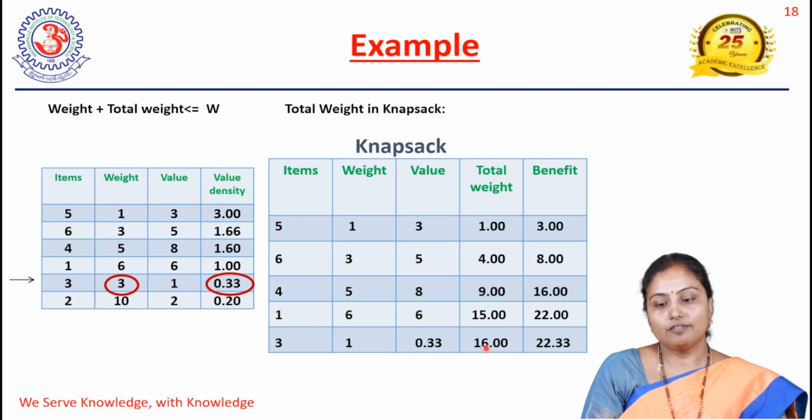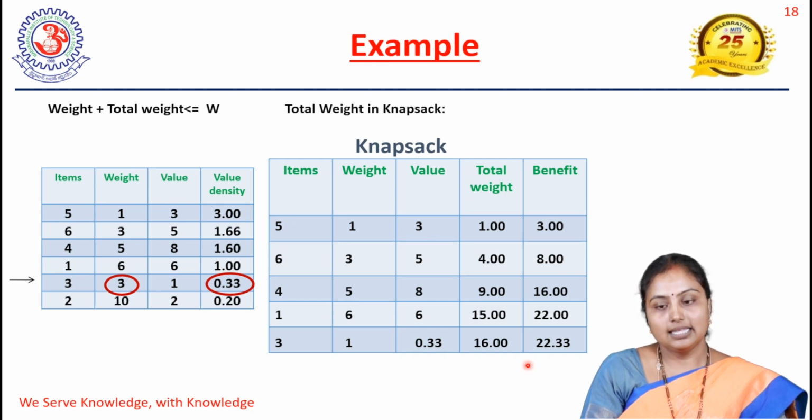Now we have to finalize the total weight. Previously it is 15, now we added weight 1, so it is 16. Now the constraint is satisfied. The knapsack bag reached maximum capacity, and the benefit is 22.33. So this is the optimal solution for the fractional knapsack problem for this example.